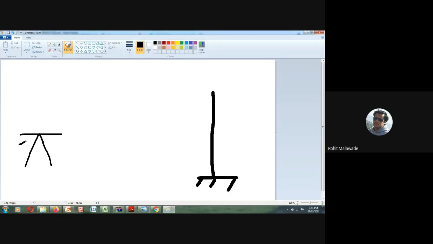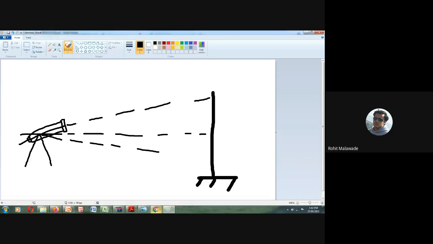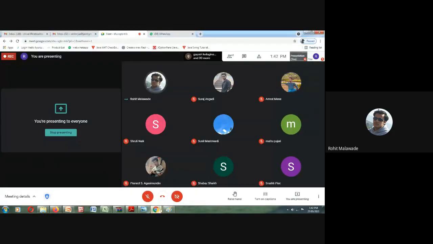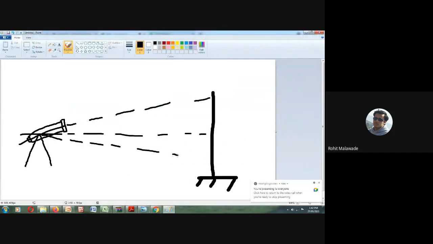If I tilt my telescope like this, then it is an inclined line of sight. When it was straight, the line of sight was horizontal. When I do the inclination, it will have an elevated angle, right? And declination is looking towards downward. If I have the telescope towards the downward side, then it is the angle of declination.